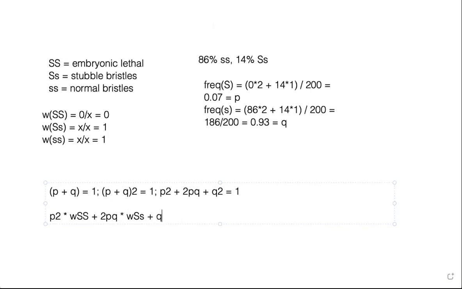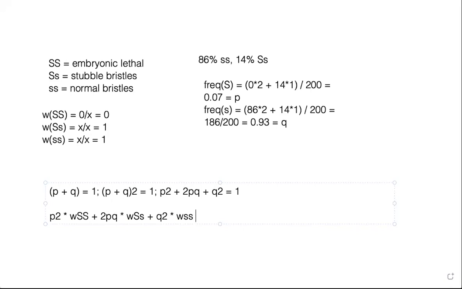And then Q squared times W little s. Q squared is what the frequency of little s flies would be if there was no selection. And that W little s is the way you model the effect of selection when it is taking place.